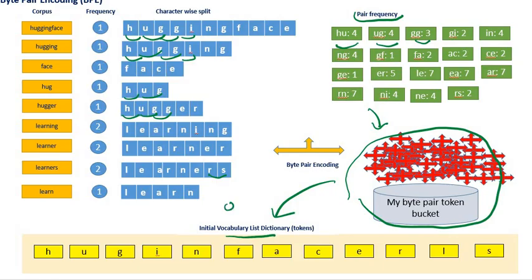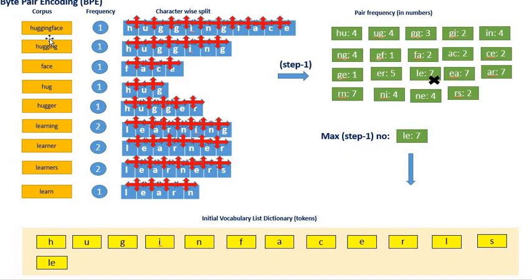This is the final output, the dictionary, which forms the final tokens out of the corpus given by the different words as input. From the bucket, I'll take the red marked arrows and segregate them into different tokens in this vocabulary list.